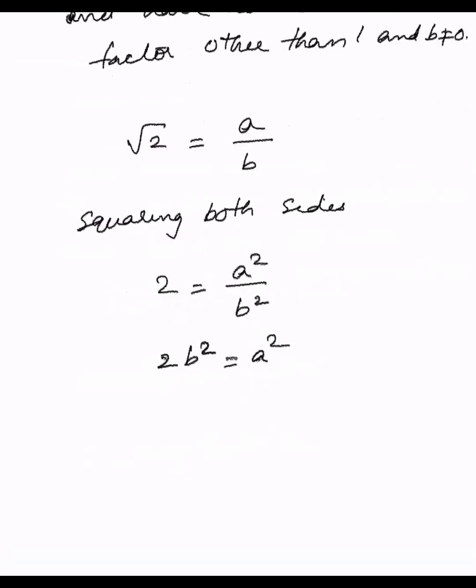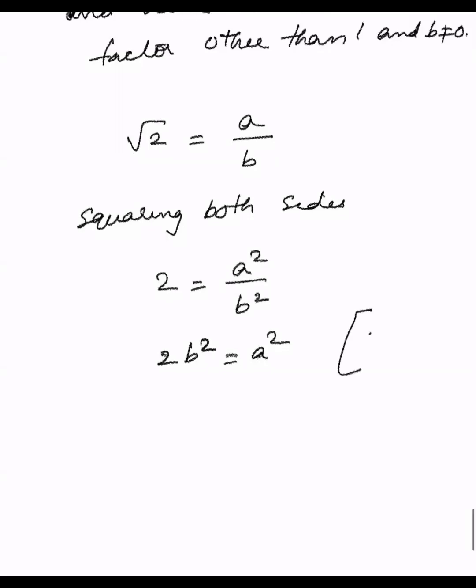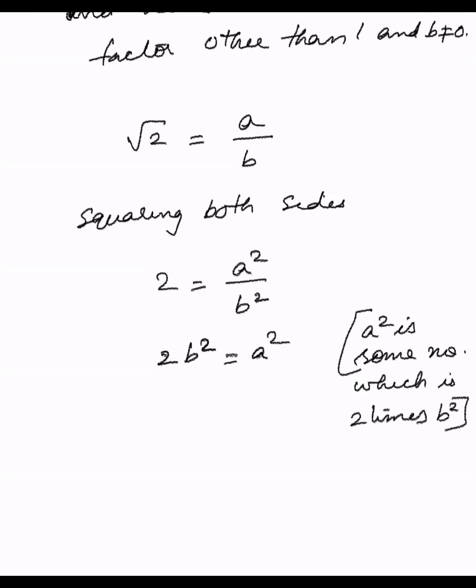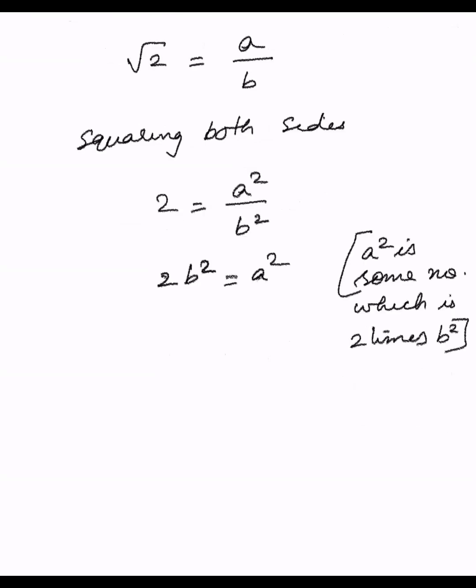So a square is some number which is 2 times b square. Can I say that way? Yes. So when a square is some number which is 2 times b square, don't you think a square is an even number now?